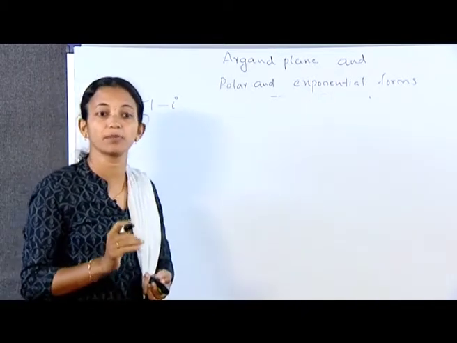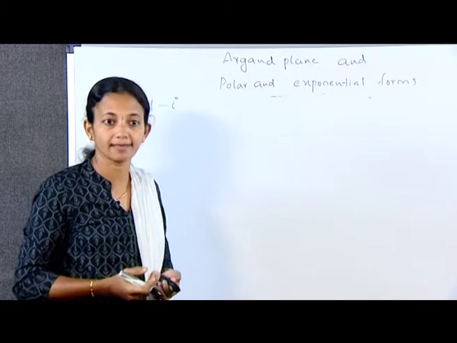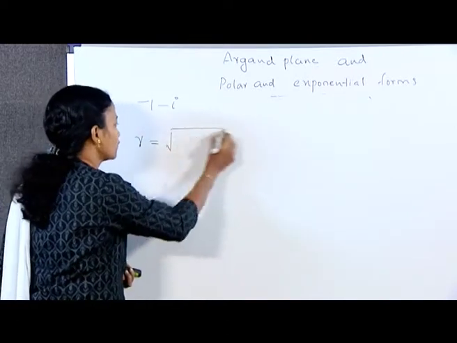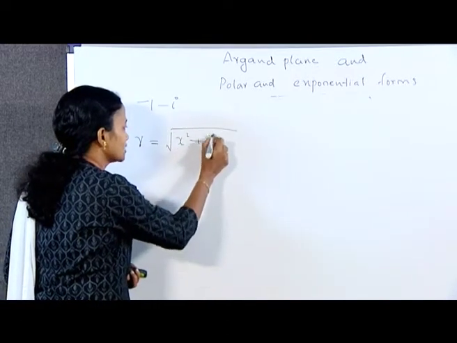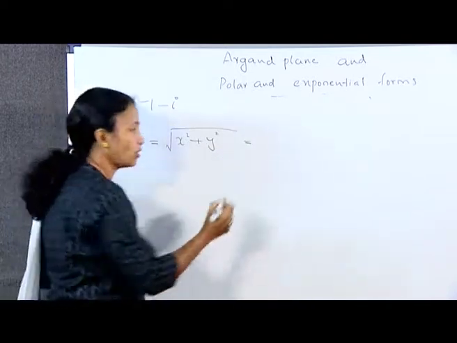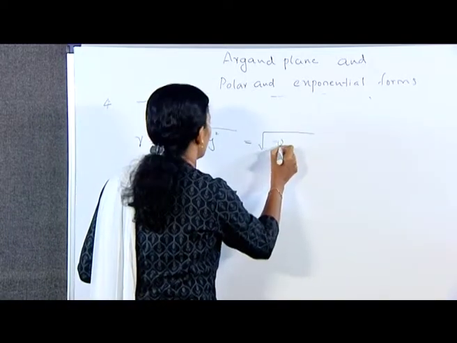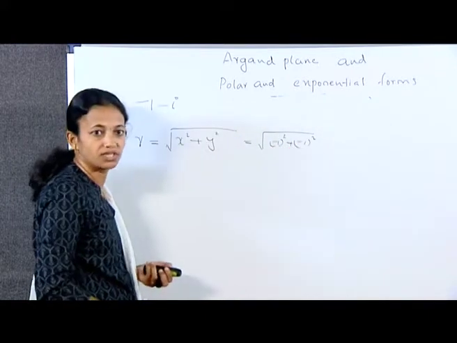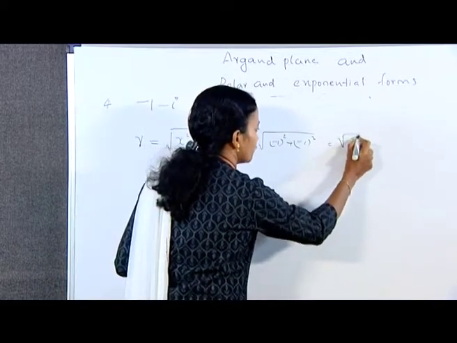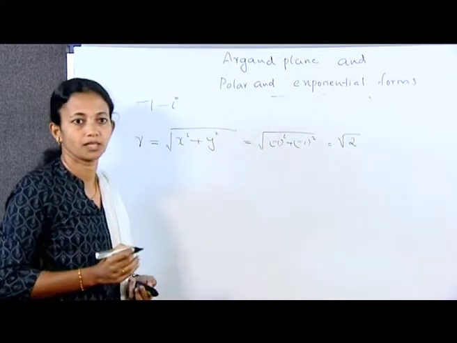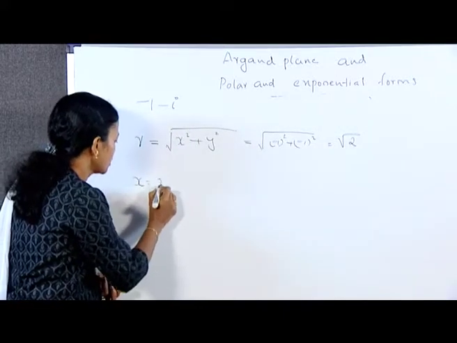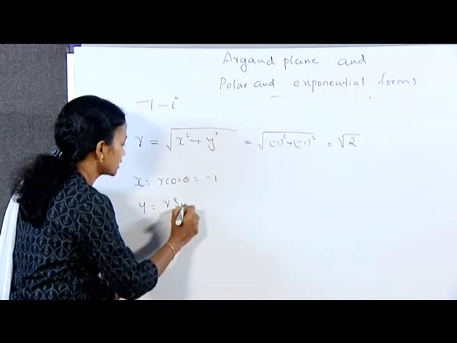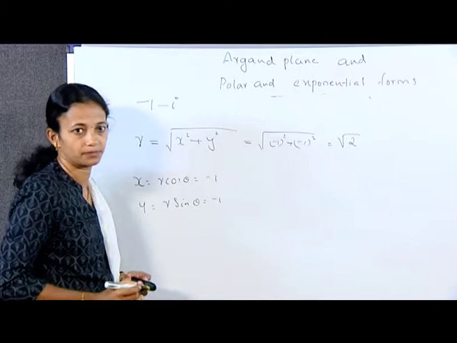For the point minus 1 minus i, the modulus or length is r is equal to square root of x square plus y square, which is equal to square root of minus 1 square plus minus 1 square, which is equal to square root of 2. That is, x is equal to r cos theta is equal to minus 1, y is equal to r sin theta is equal to minus 1.